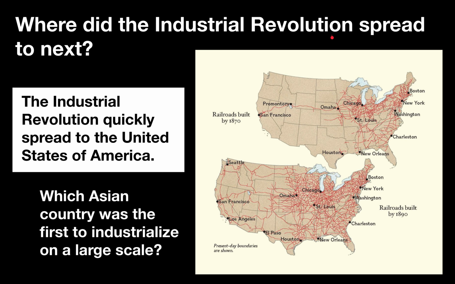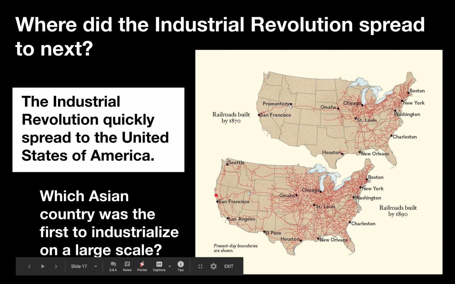And you can see here, railroads are kind of an indication of industrialization at this time period in the 1800s. By 1870, extensive railroads were built, especially in the northern part of the United States. By 1890, just 20 years later, more and more railroads were being constructed all across the United States.